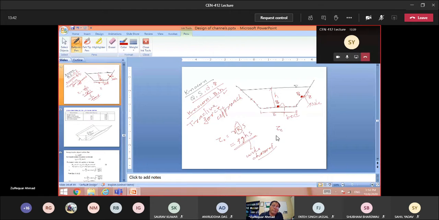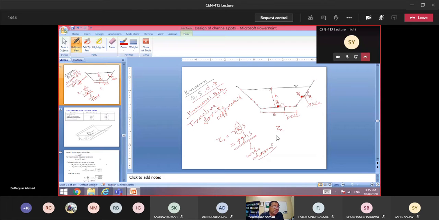Second thing, the sediment particles are never designed for a shear stress equal to tau c. In general, they are designed for a lesser value of tau c. I mean, we can take 90% of tau c or 80% of tau c for the design.